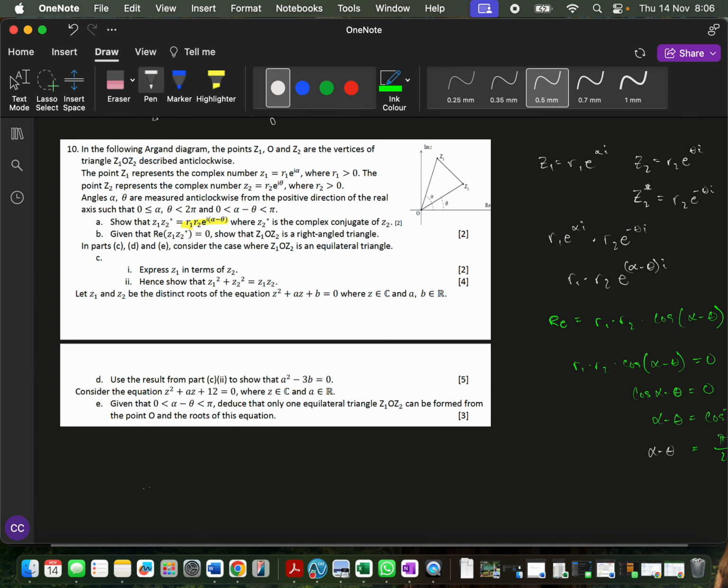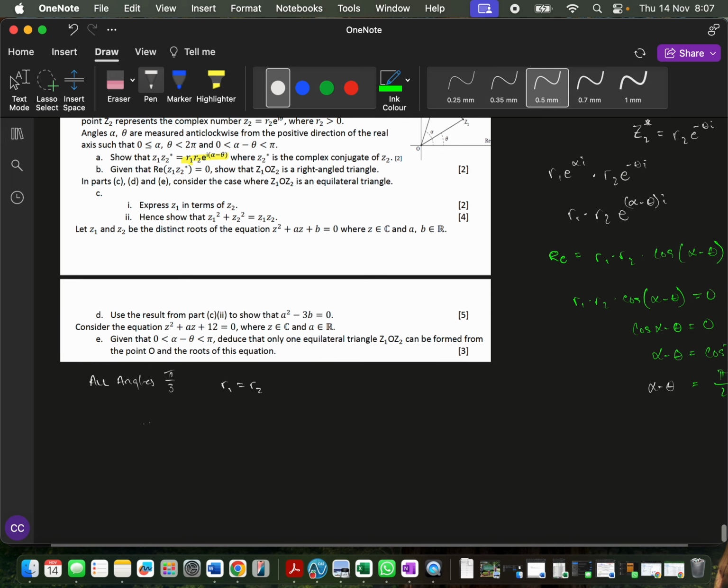Okay, now we're told to consider the case where it is an equilateral triangle. If we're going to be talking about equilateral triangles, we have to recognize a few rules. All angles need to be pi over 3, which is 60 degrees. And also r1 has to equal r2, because in an equilateral triangle the sides are the same length as well. Don't think that's too hard.